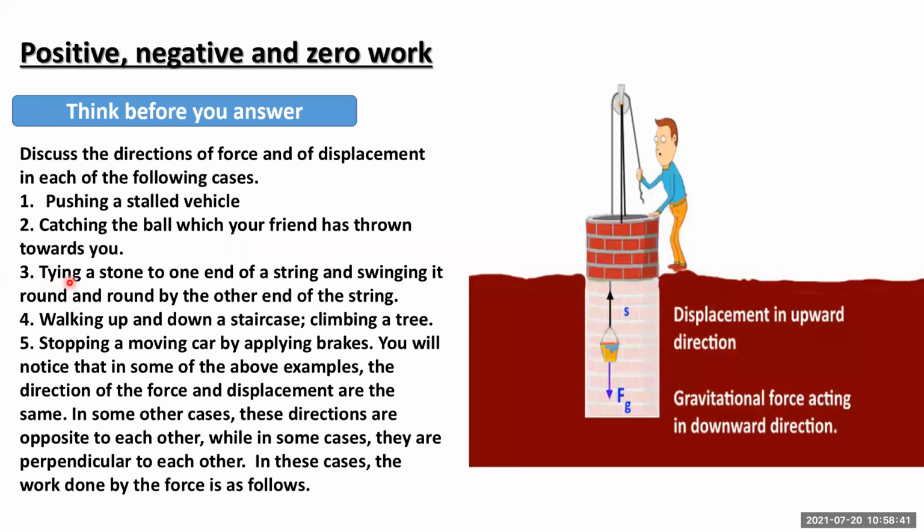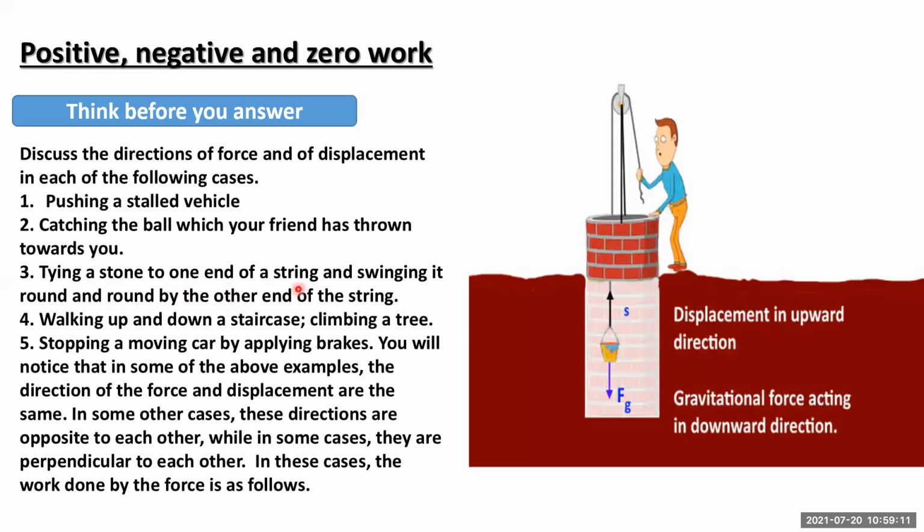Tying a stone to one end of a string and swinging it round and round by the other end of the string. In this example, you are applying a force towards the stone, but the stone is revolving.